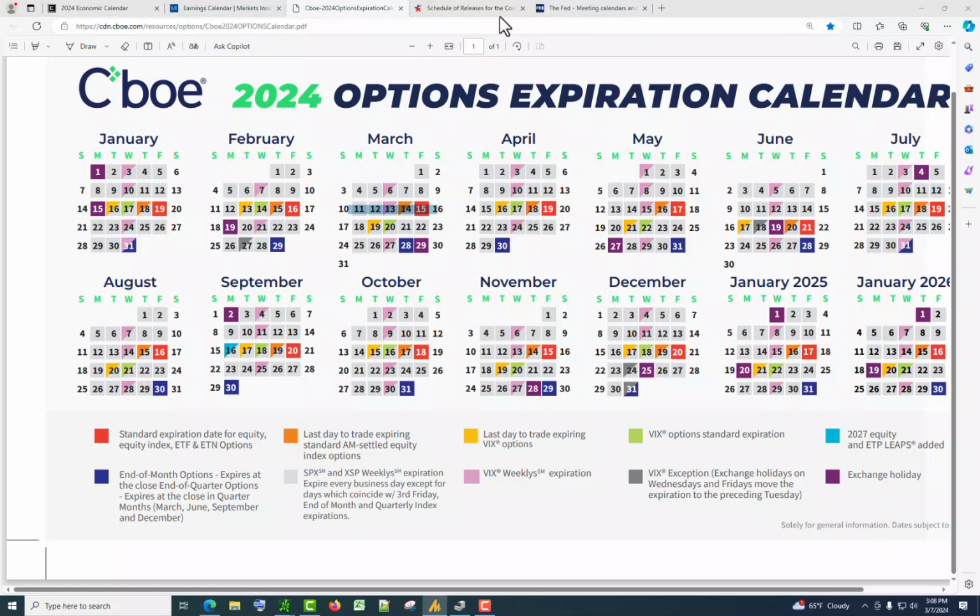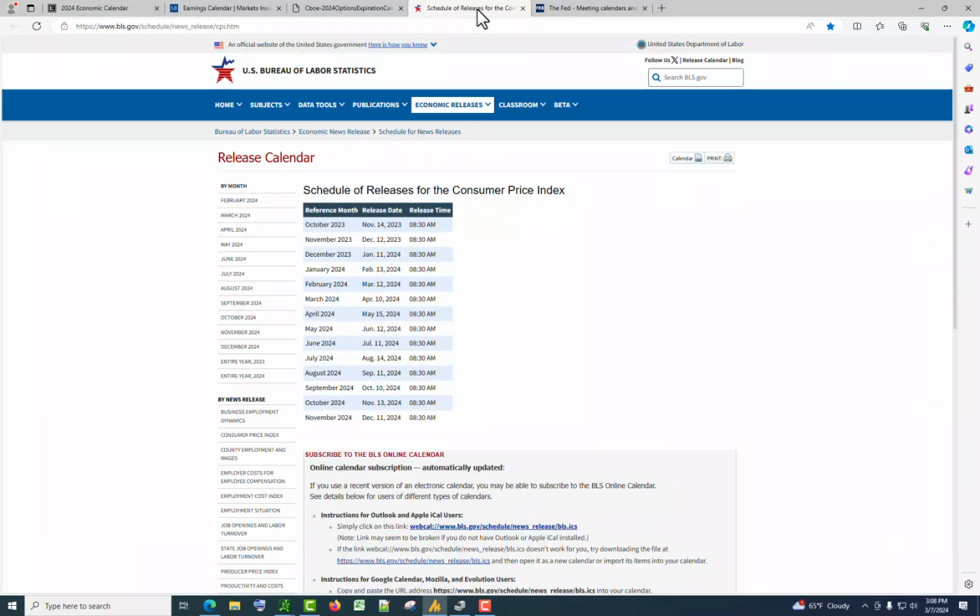So basically we're also looking for the next CPI data release in March. Let's see how they're going to set liquidity for Friday.